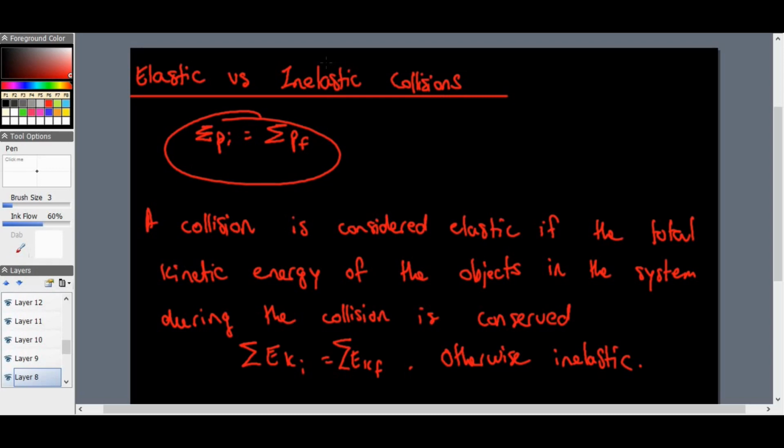The last equation, EK, is that supposed to be sigma EK? Yeah, I tried to draw it bigger so we can see it. And the top equation, that's just sigma P initial. Yeah, that top equation that's circled, I just wanted everybody to understand, because I was going to use sigma again down here, that was the law of conservation of momentum.